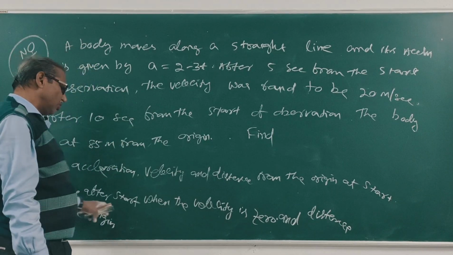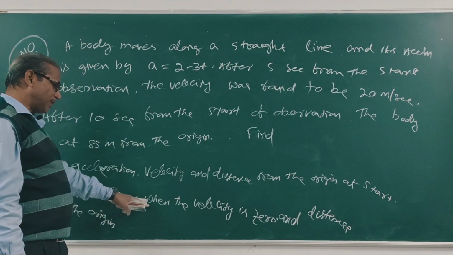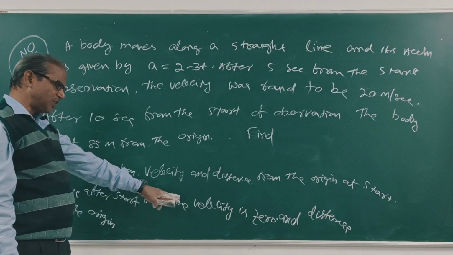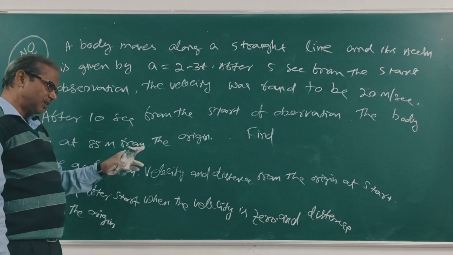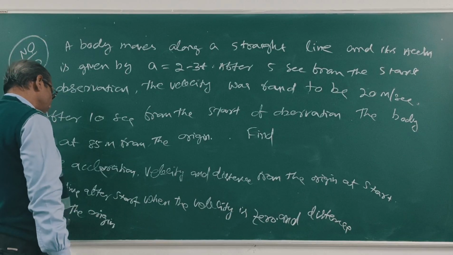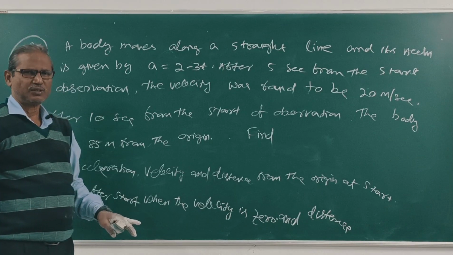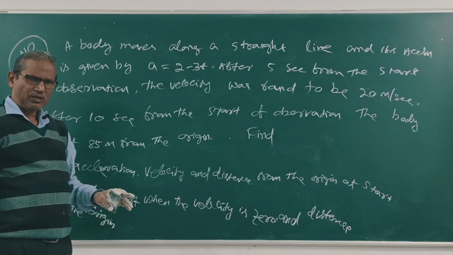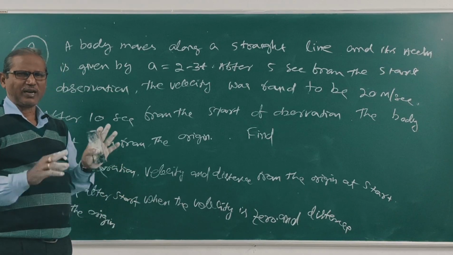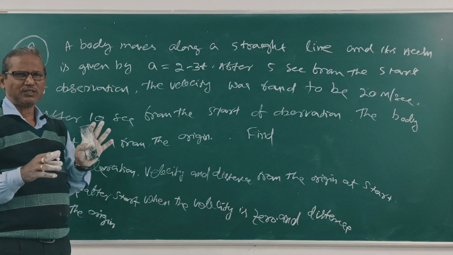Number 2, the time taken after start when the velocity is 0, and the distance from the origin at that point. Clear? When velocity becomes 0, what is the distance? What is the time taken to reach 0 velocity?